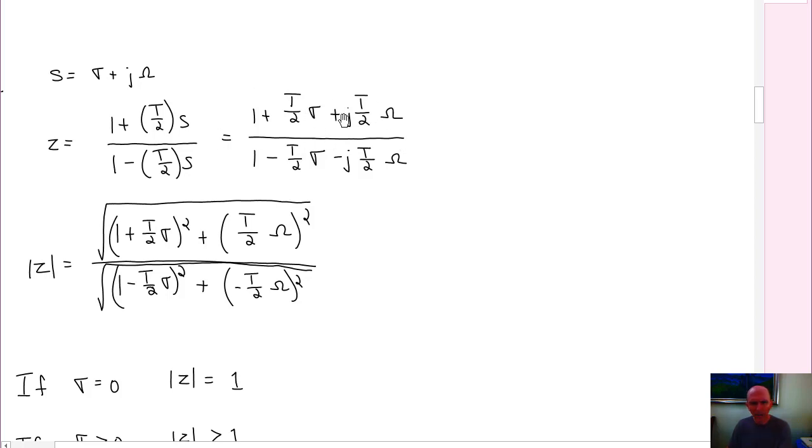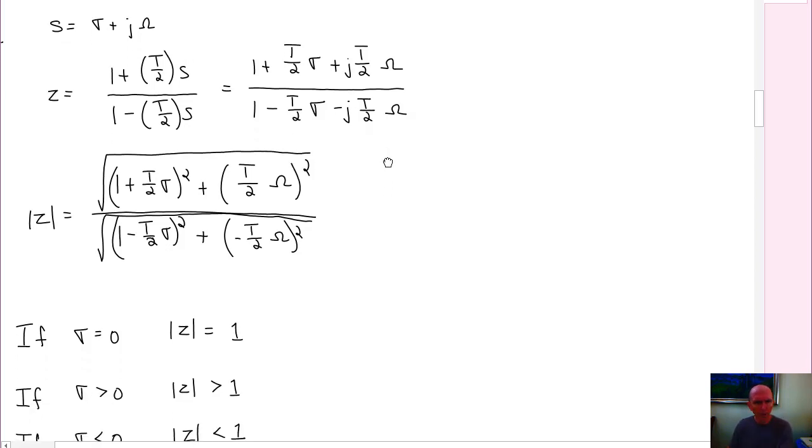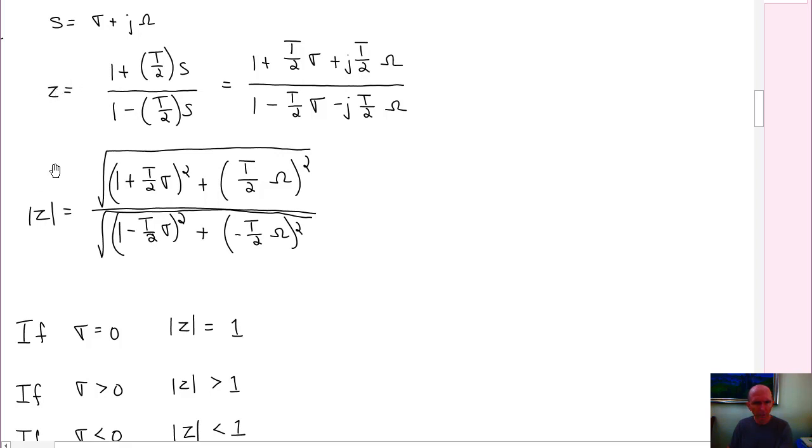I write it out like this just so we can find the magnitude relatively easily. So for this case, this would be z. We're going to take the magnitude, so we take the magnitude of the numerator and the magnitude of the denominator. The magnitude of a complex number is the real part squared plus the imaginary part squared, and then we take the square root. We do that for the numerator, and we do that for the denominator.